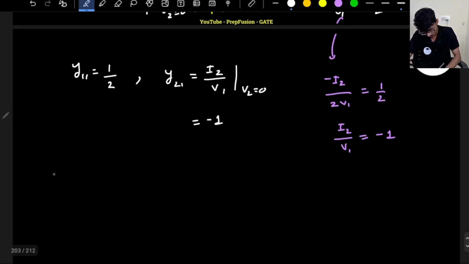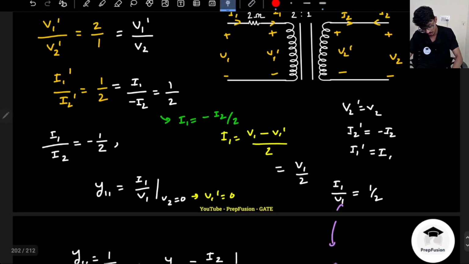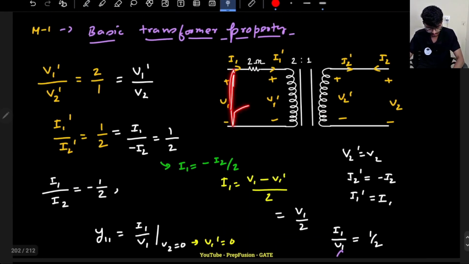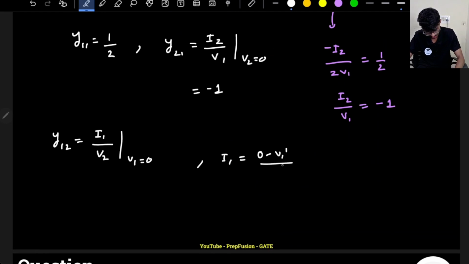Now let's calculate y12. Y12 is I1 by V2, so V1 is 0. This time I will make the input 0. If the input is 0, I can now calculate the current. I1 will be 0 minus v1 dash divided by 2, correct? Now what is v1 dash?